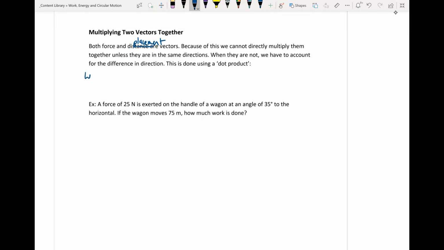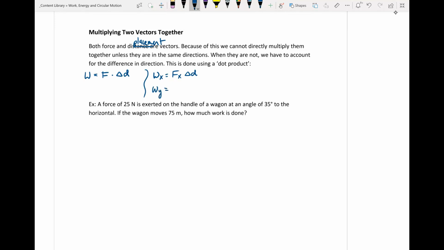Well, we know that work is force multiplied by the change in displacement or the distance. So if I want to evaluate this into its x and y components, we could have work in the x direction calculated from the x direction of a force multiplied by our distance.